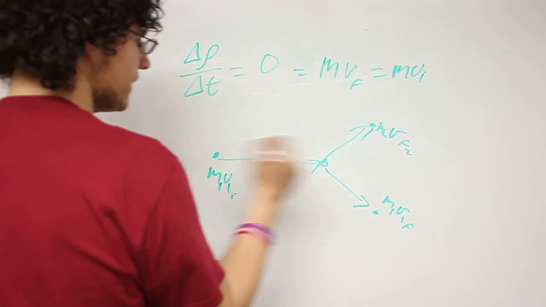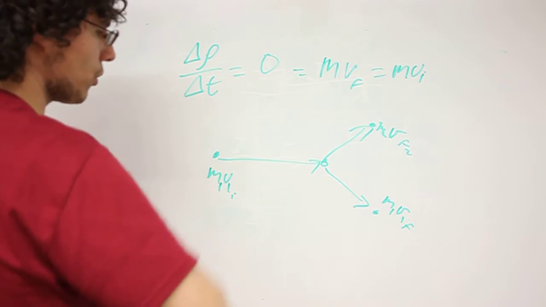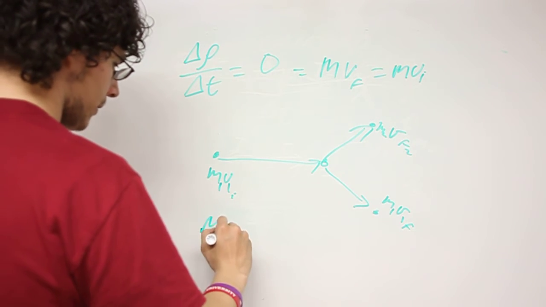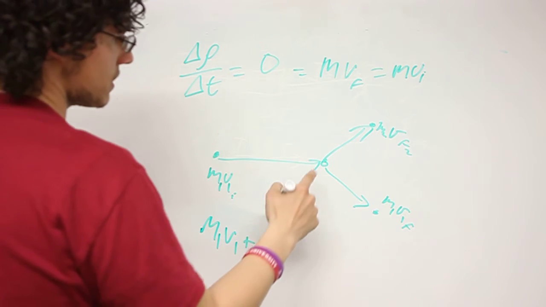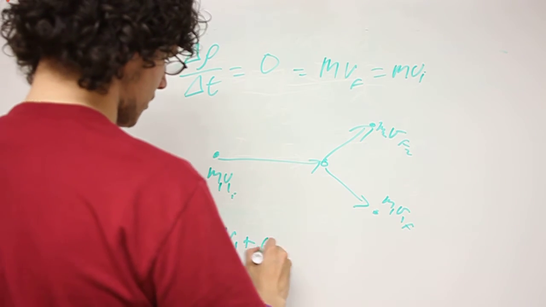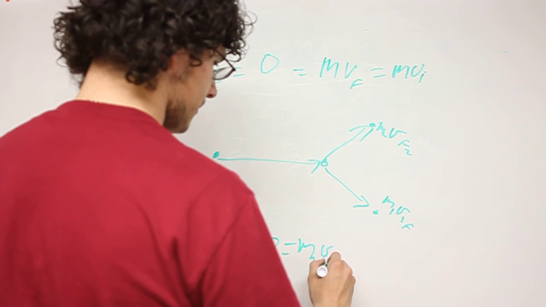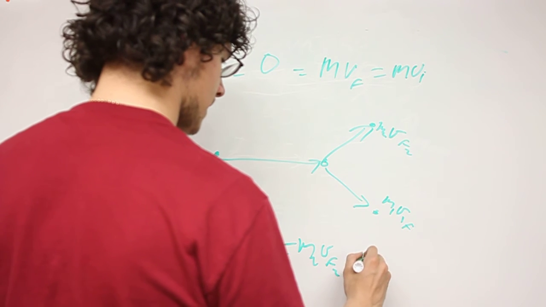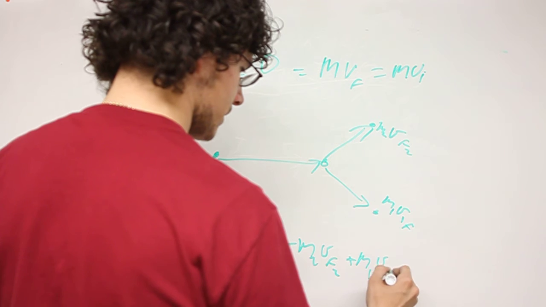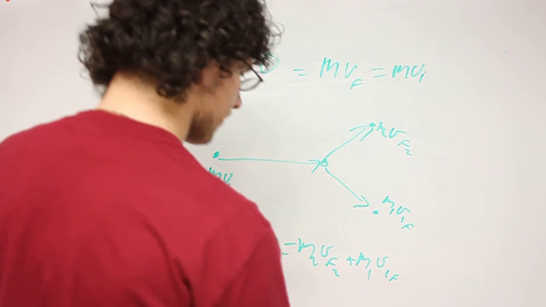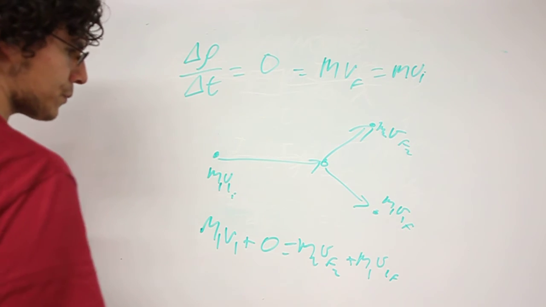So you're going to add this plus this, which is your total momentum. It's going to be m1 v1, plus, since this v is 0 because it's stationary, it's 0, is going to equal your m2 vf2 plus m1 v1 final.